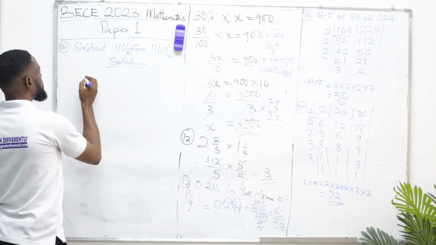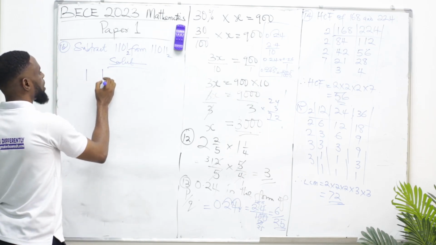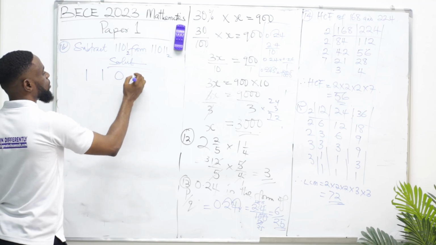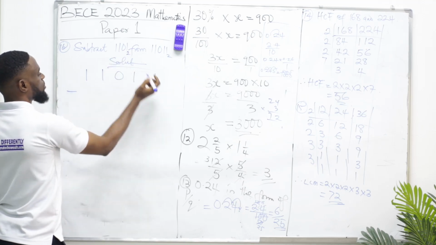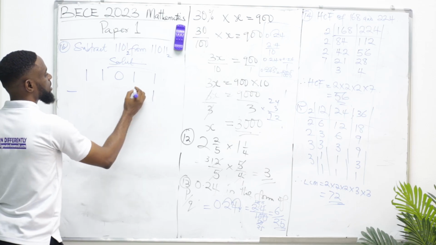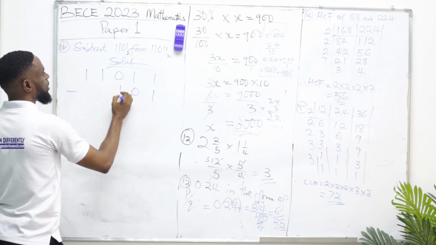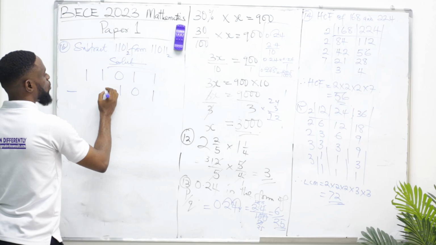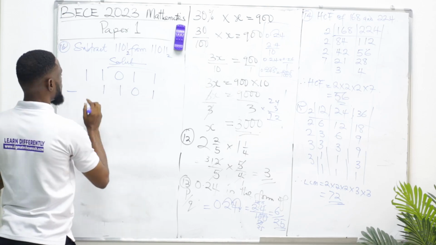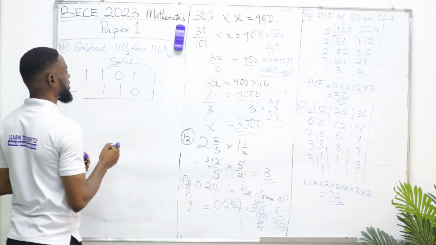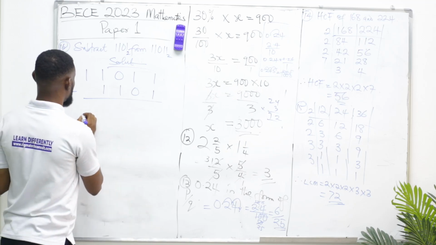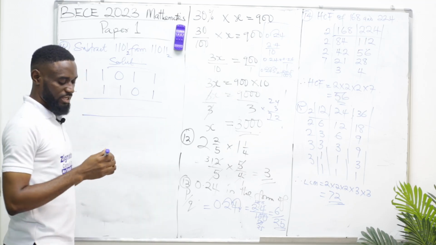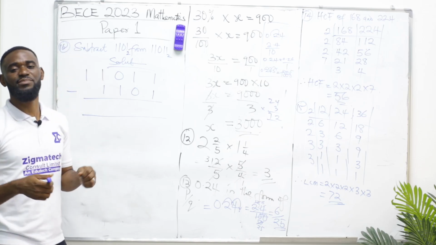So that will mean 11011 minus 1101. All right? So we are subtracting now. Remember, this is subtracting in base 2. It's different from subtracting in base 10.